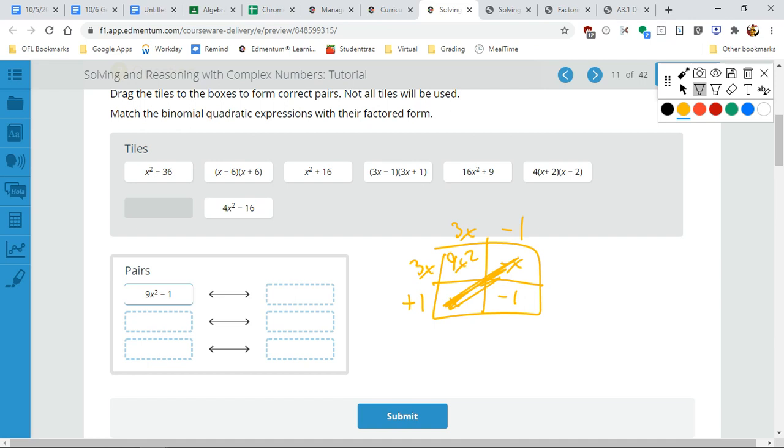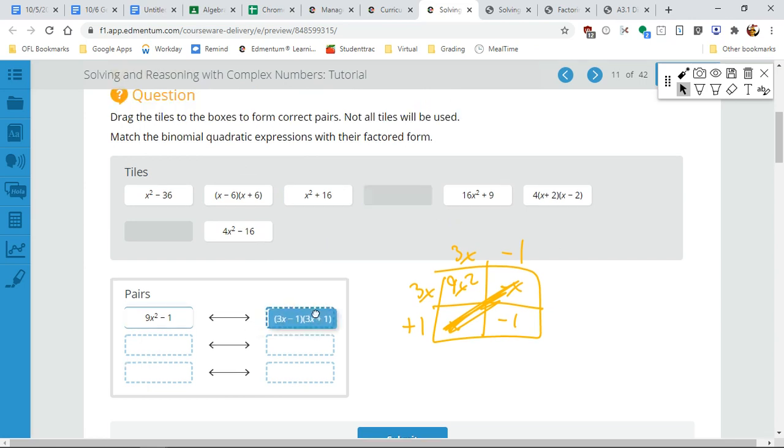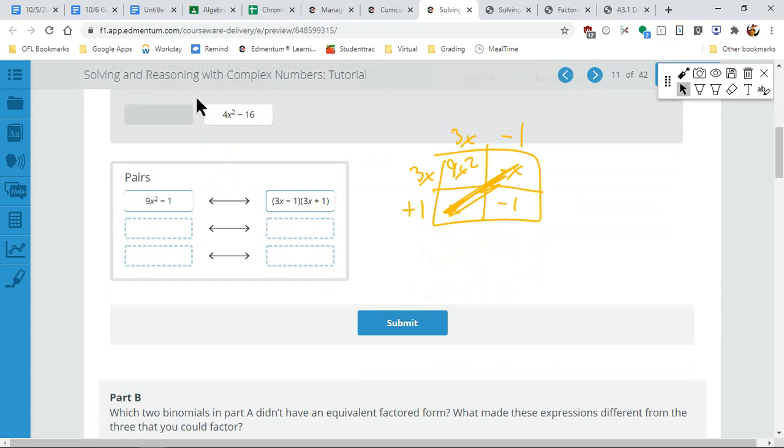So that's how come there's no x here. So that's what's known as difference of squares. I feel like now they're making it easier on you guys. So if you guys had trouble with that one unit, apparently Edmentum just hates you and wants you to do the hard method first and then go like, hey, now we're going to make it simple for you.